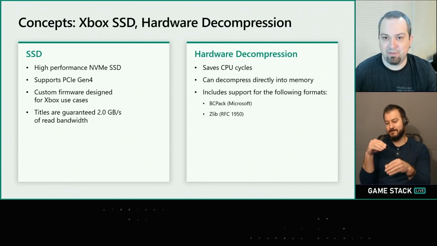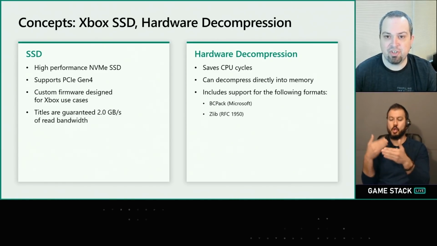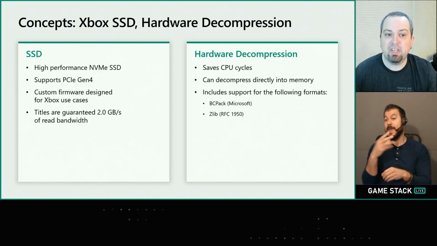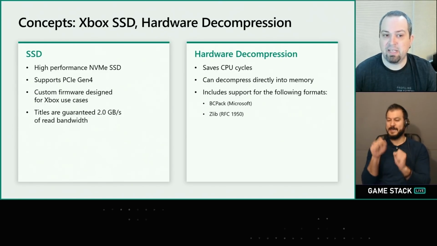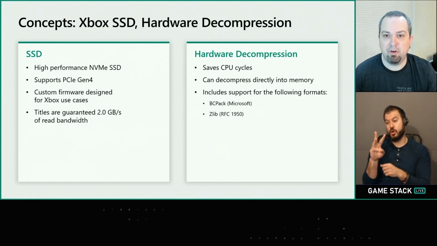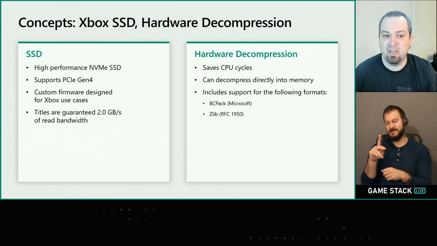This saves CPU cycles, allows for closer integration with additional features in the OS, and using DirectStorage, it can decompress content directly into memory. The hardware decompression block includes support for both BCPAC, which is a Microsoft standard for texture compression, as well as zlib using the RFC 1950 standard.